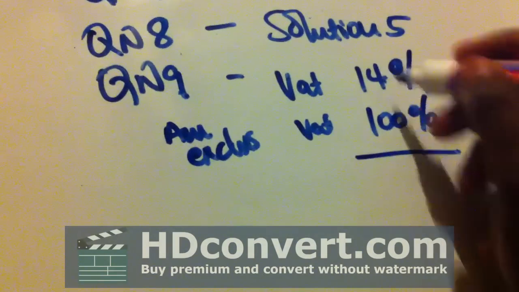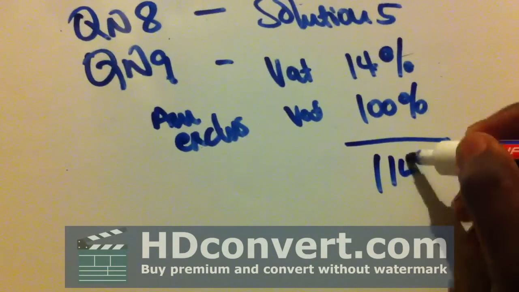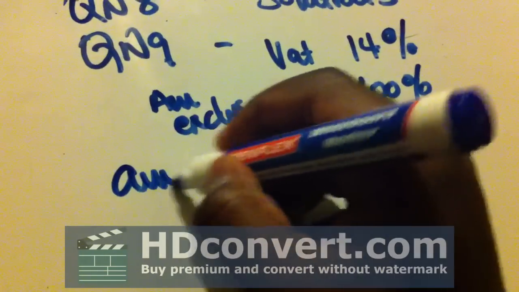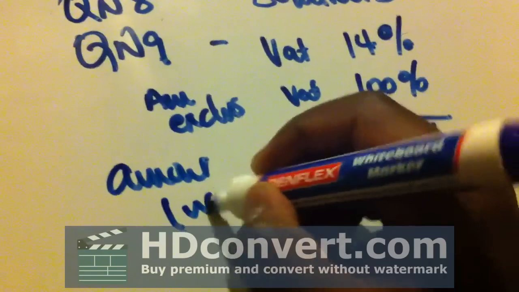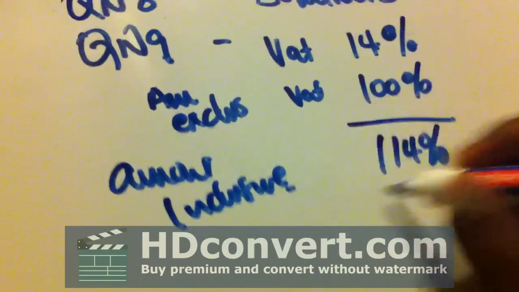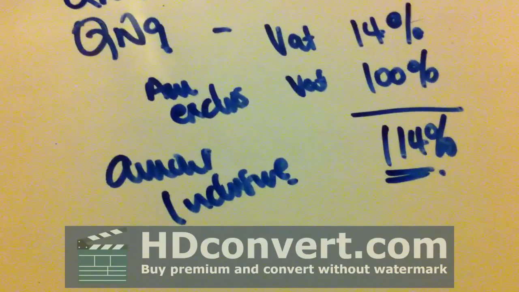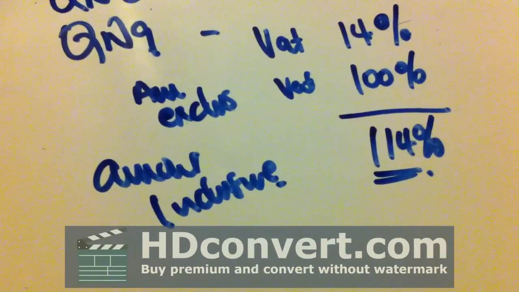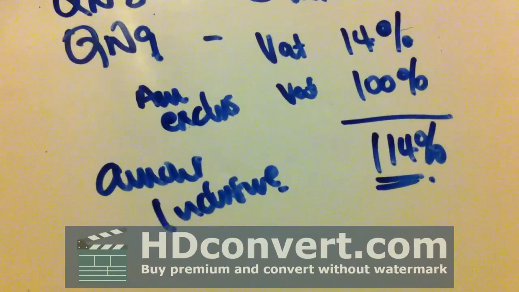If you add 14 plus 100, it will give you 114%. So an amount that is inclusive of VAT is equivalent to 114%.